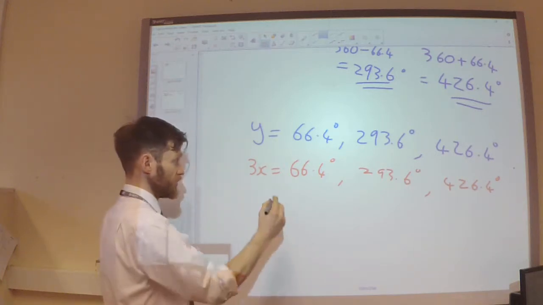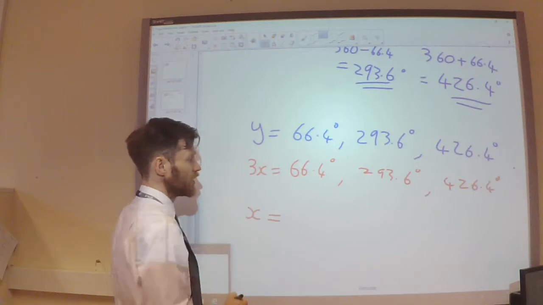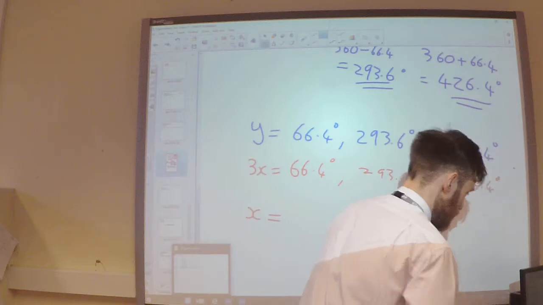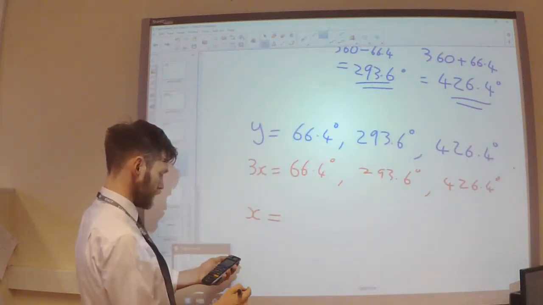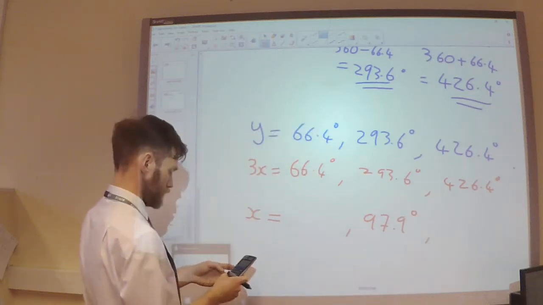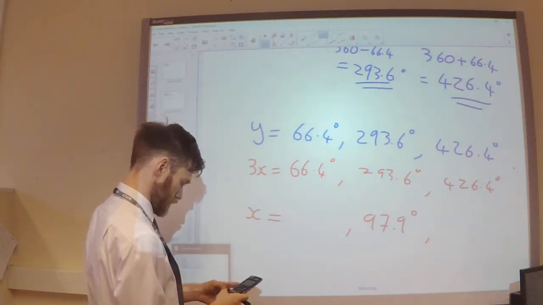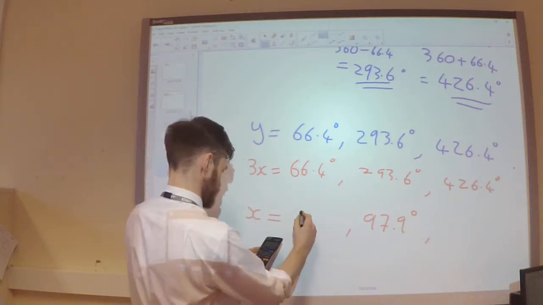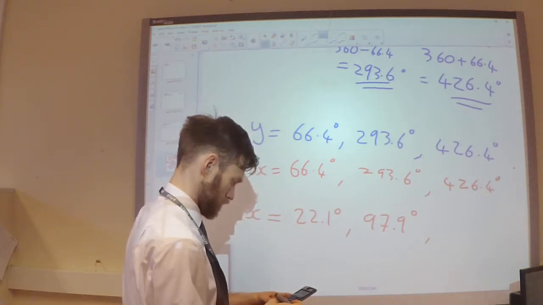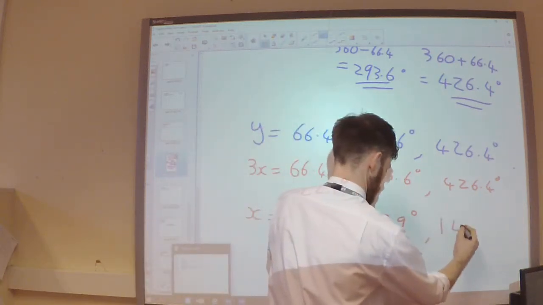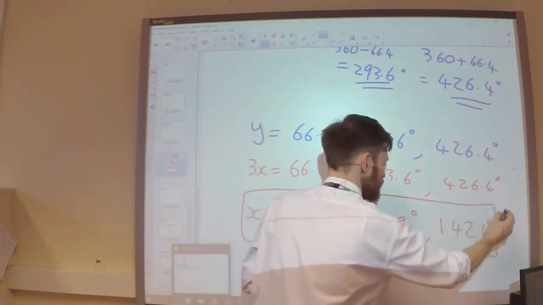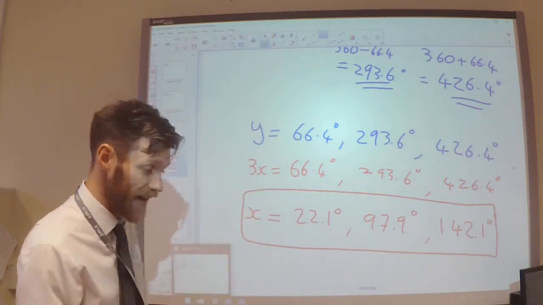So if I want to work out just x, I need to divide all of these answers by 3. So if we do that, we will get, there we go. So these are my 3 solutions for x.